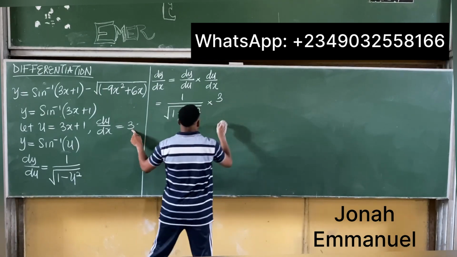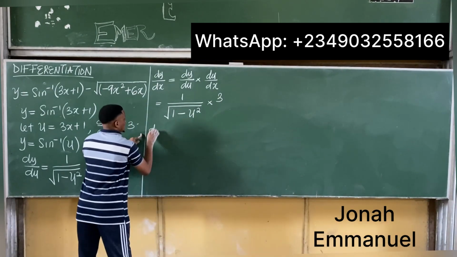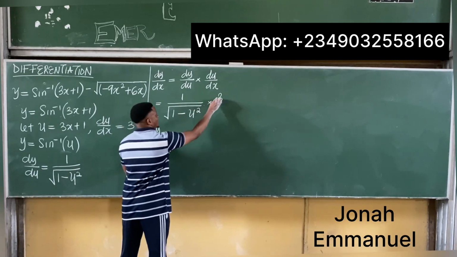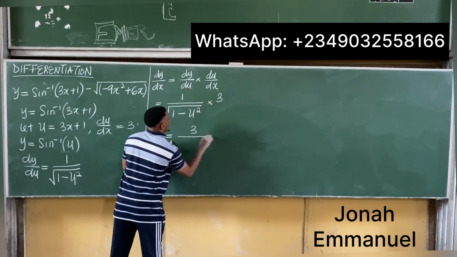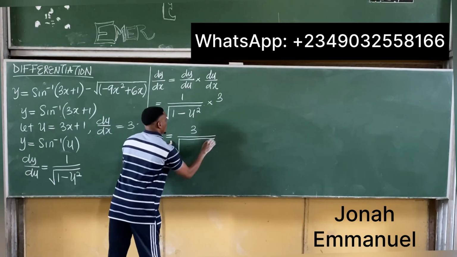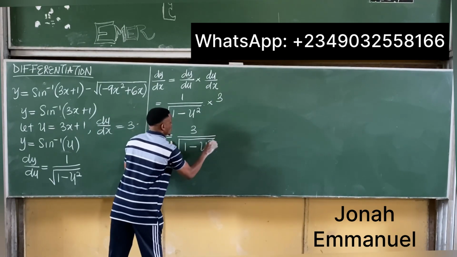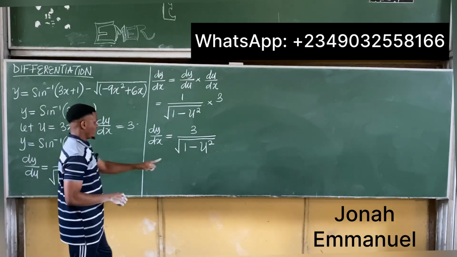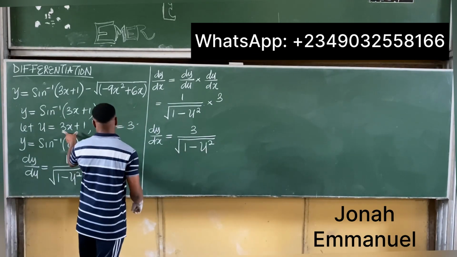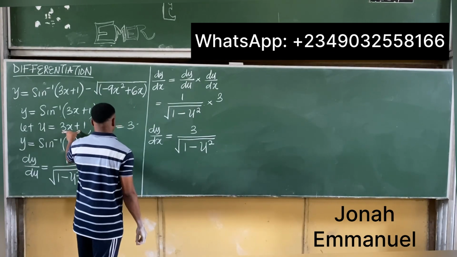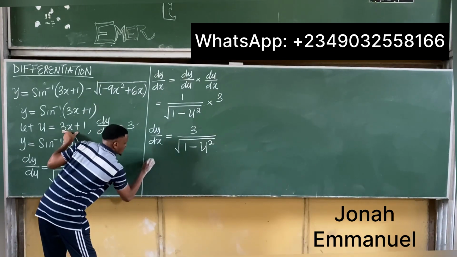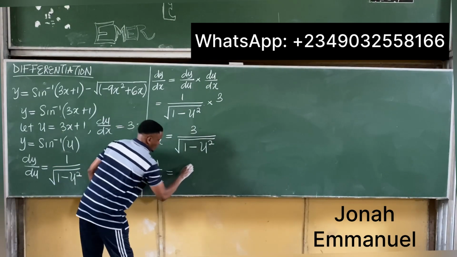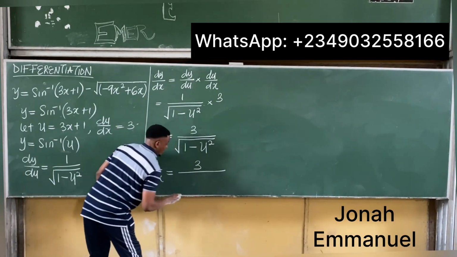If I multiply this, dy over dx is now equal to 1 times 3, that gives you 3 all over the square root of 1 minus u squared. My final task is to simply replace the value of u with 3x plus 1.